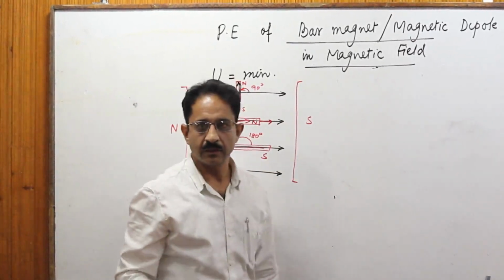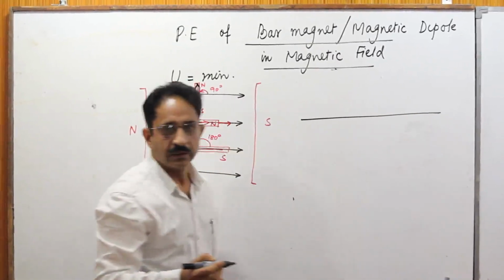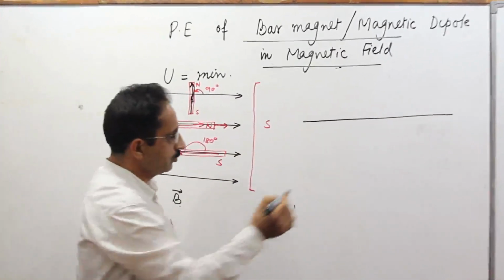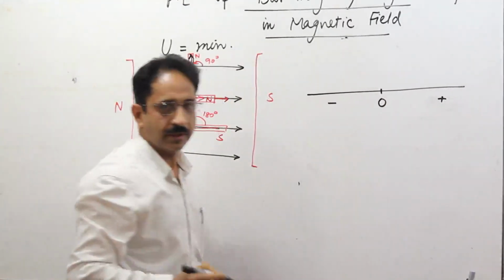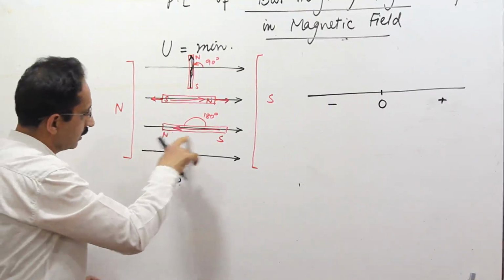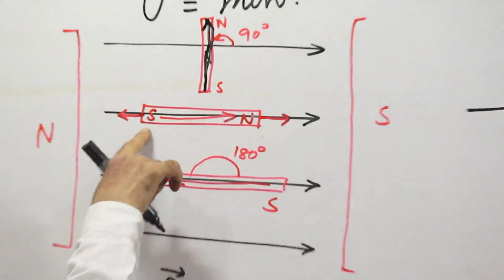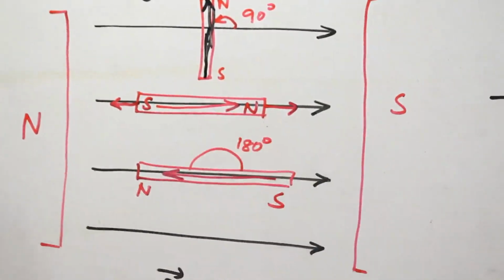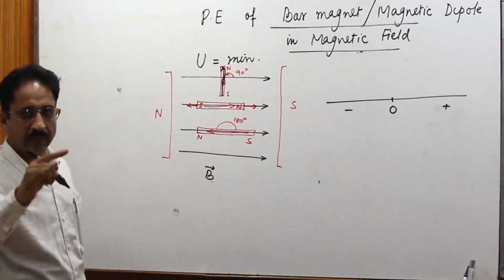This scalar quantity will have a variation like this, that if we talk about positive, negative and zero values, then what happens is that the moment I think of this position, when there is probably north and south along the magnetic moment, it is along the magnetic line of force.